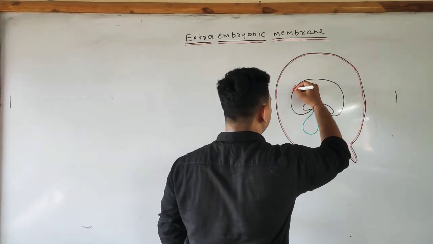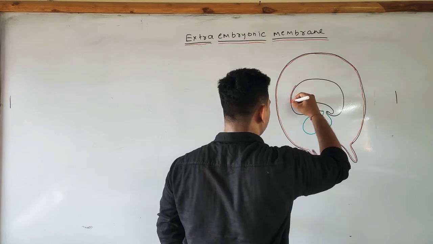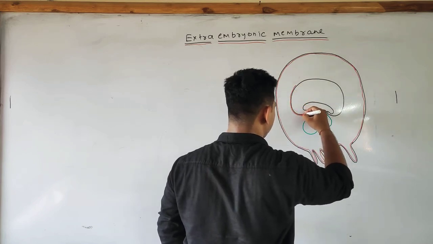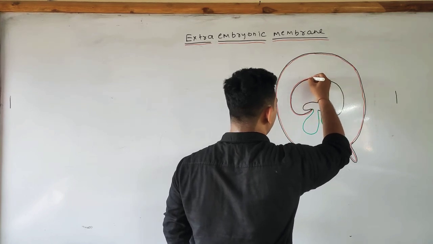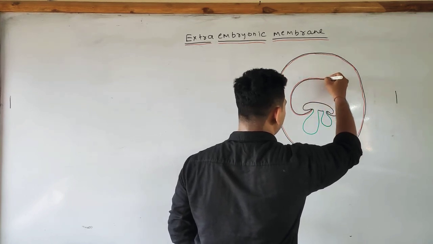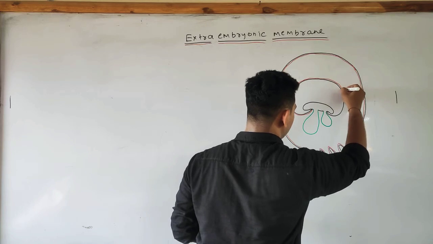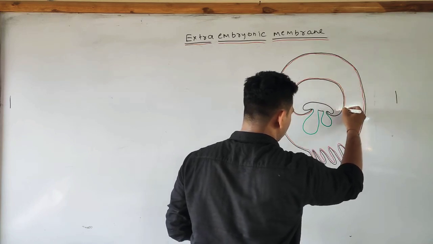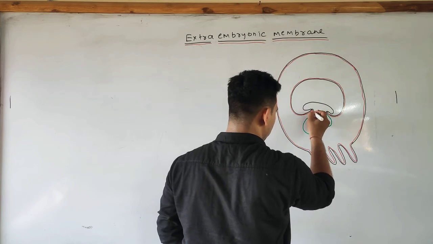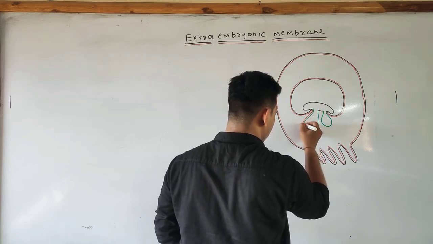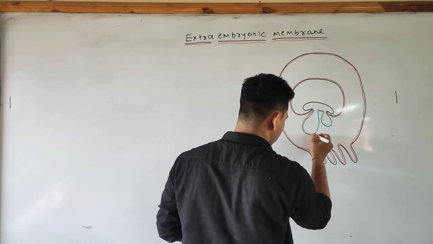That was internally by the mesoderm, chorion portion, but amnion portion is your externally lined by the mesoderm, okay? Lastly, the yolk sac and the allantois region.